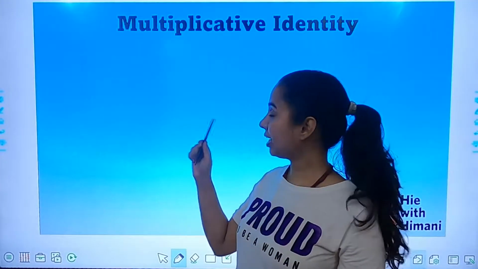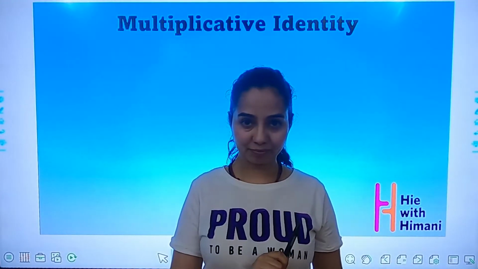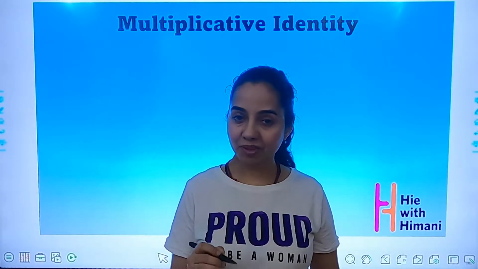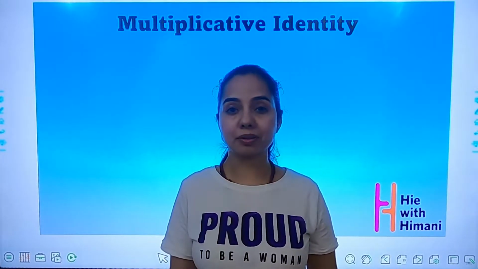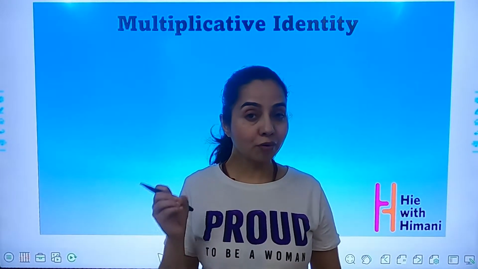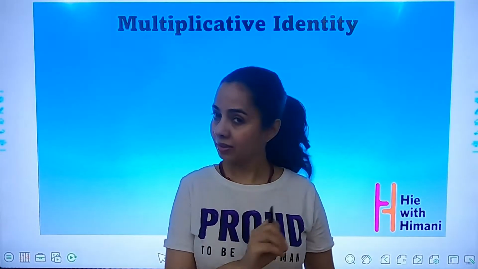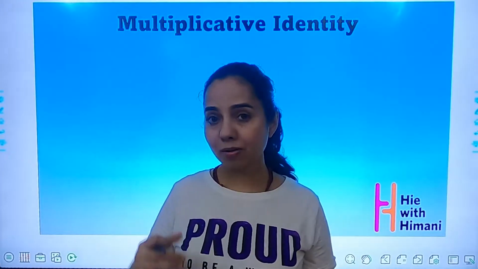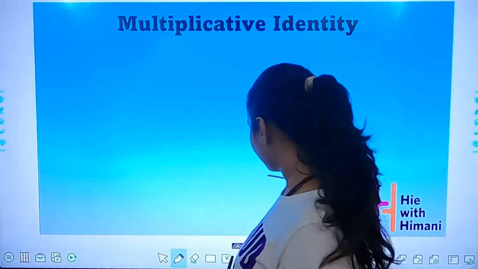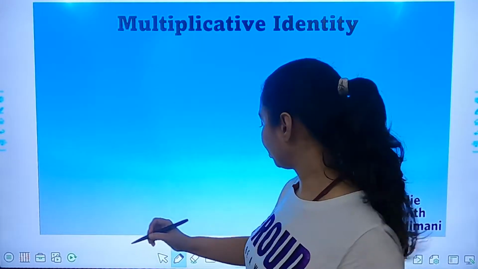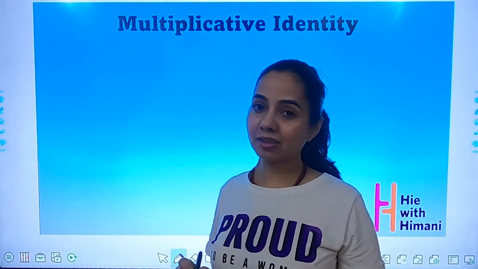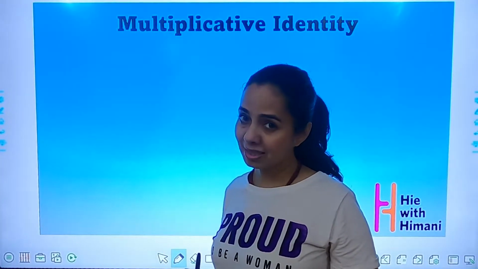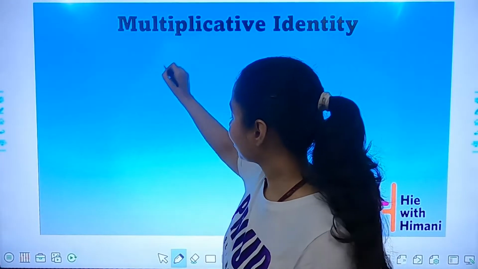So now, multiplicative identity. Multiplicative identity is a number which when multiplied to a number, the value of that whole number remains the same. So here also it is quite logical to know what is that number which will be the multiplicative identity of all the whole numbers. Can you guess?